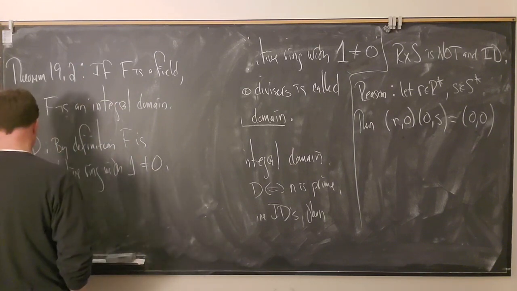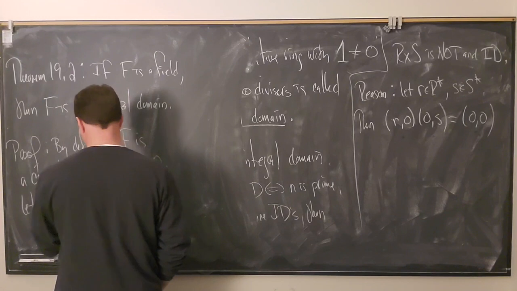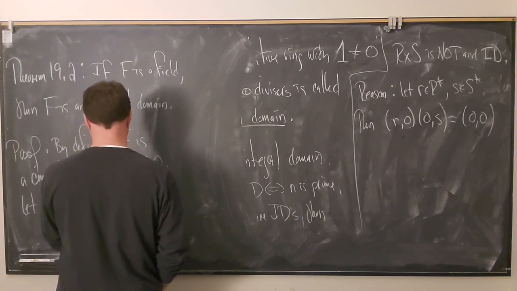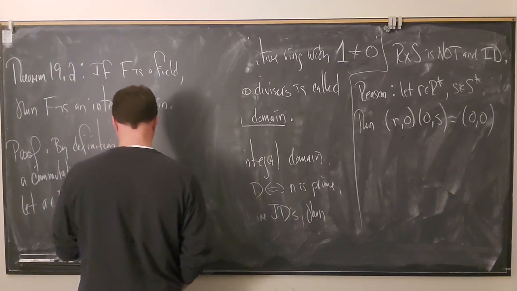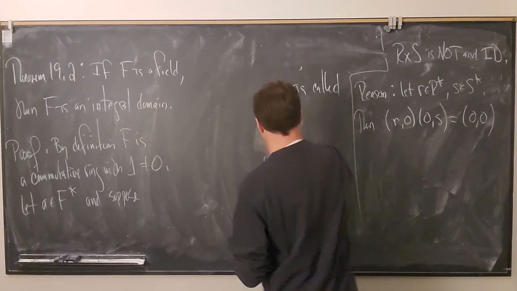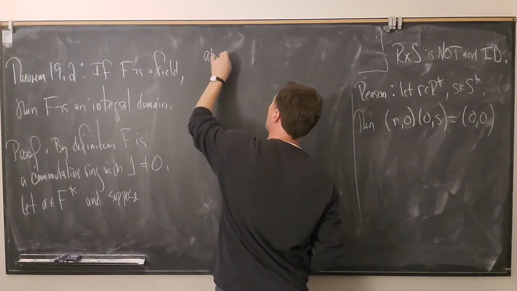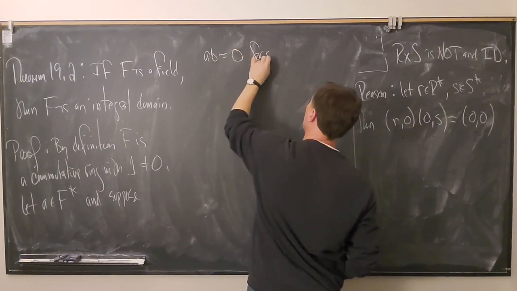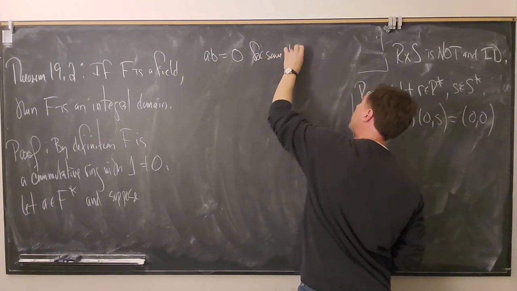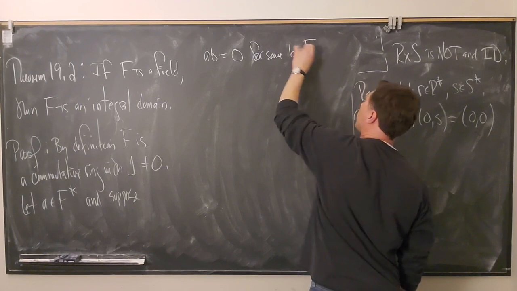Let little a be in F star, and suppose that AB is equal to 0 for some little b in capital F.